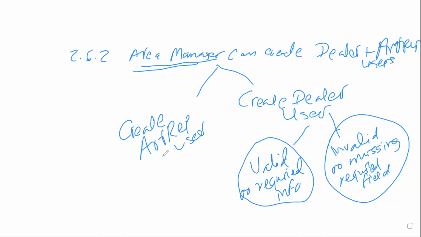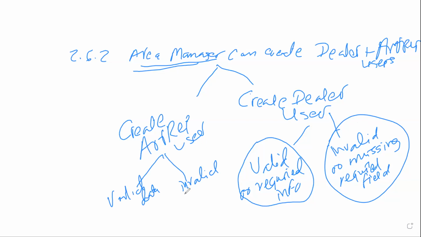Same thing, you will have it here: valid or invalid data. You need to think it through. What makes it invalid? You are saying you are not supplying all the required information. That will make it invalid, or missing info, missing required fields.